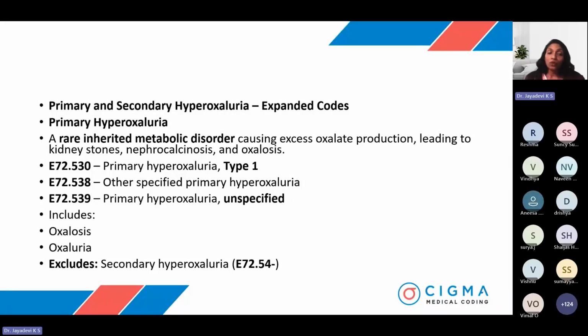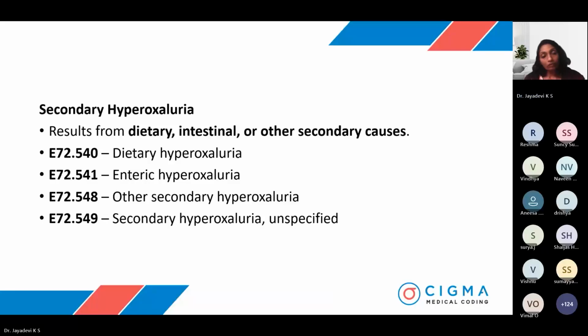This includes oxalosis and oxaluria. Oxalosis is the condition in which oxalate is in excess in your body, in the circulating blood, while oxaluria is a condition in which there is excretion of oxalic acid in the urine. This cannot be given along with secondary hyperoxaluria.